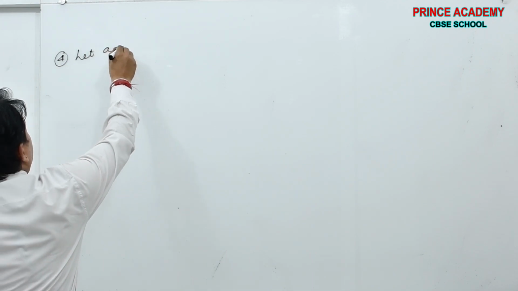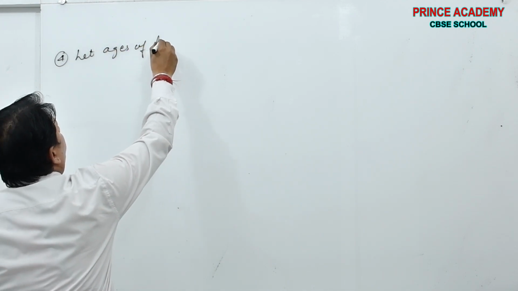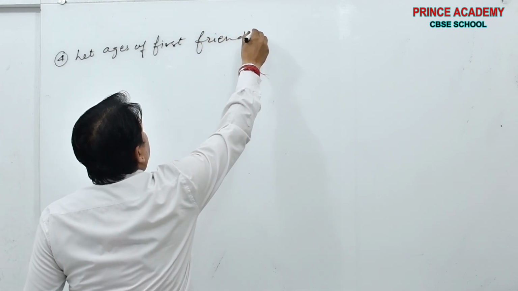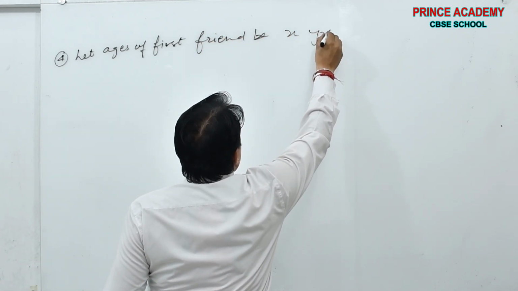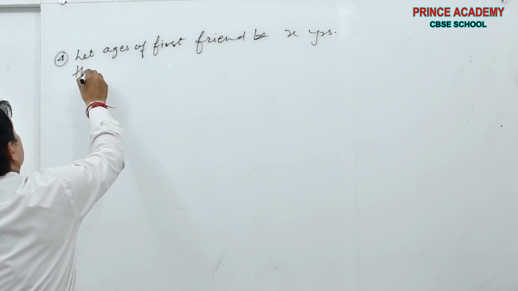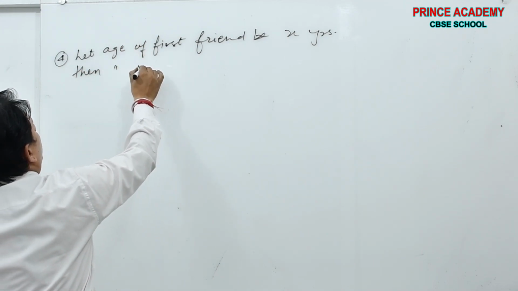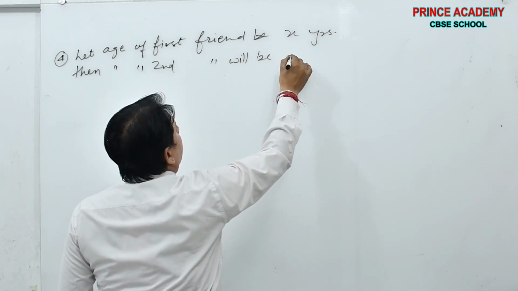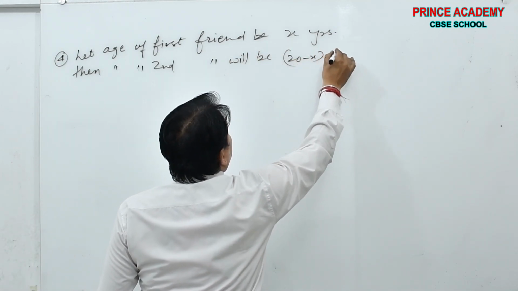Let the age of the first friend be x years. Then the age of the second friend will be 20 minus x years.